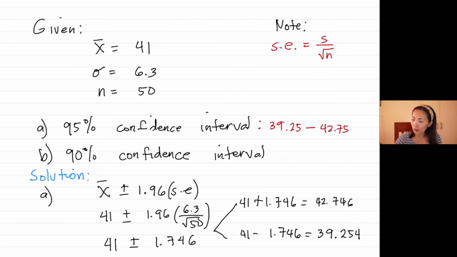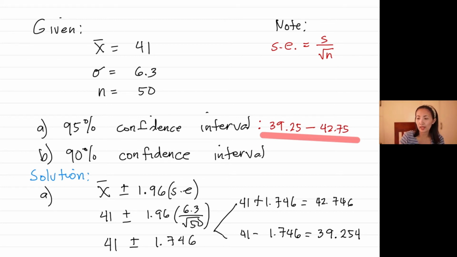This is a narrower interval compared to letter B. The narrower, the more precise. Okay? The more precise, or the higher the precision.